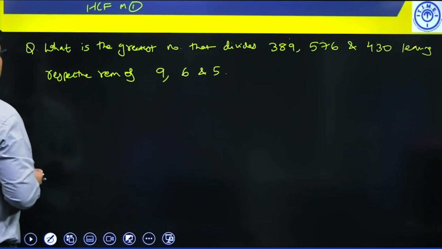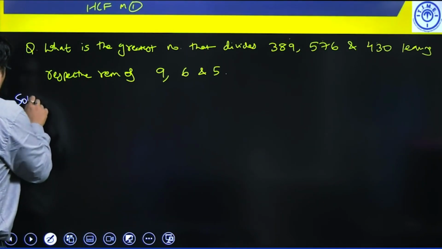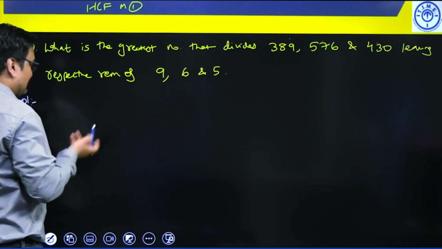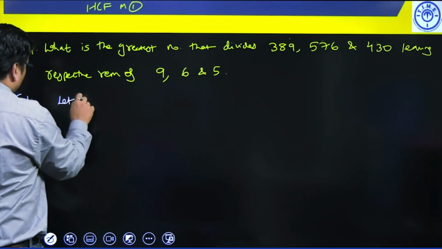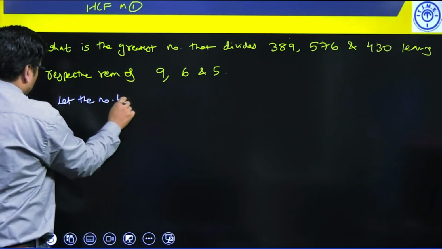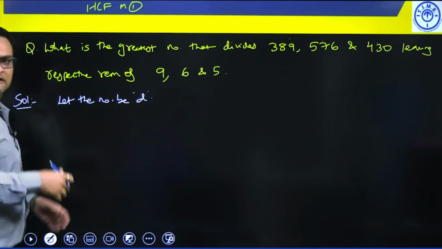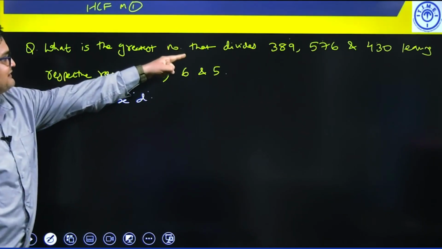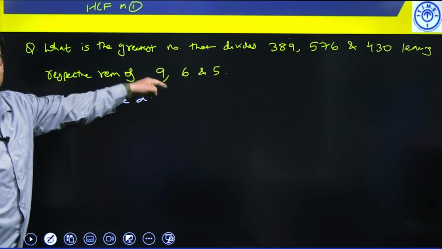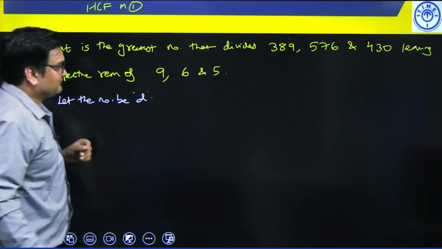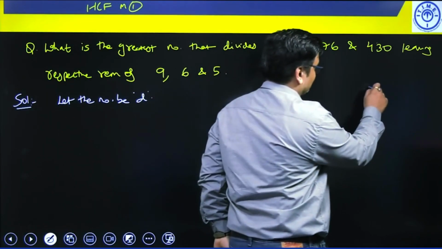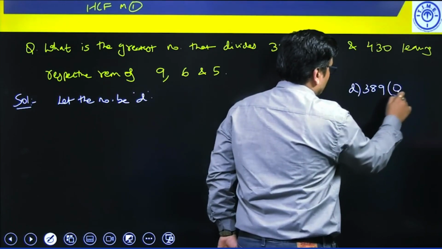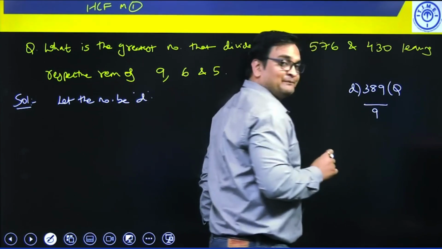Let's try to understand. So let's say the number is n or some d. Let the number required be d. So if this d divides 389 and leaves a remainder of 9, that means, just to extend the process, 389 divided by d, some quotient will give you remainder of 9.